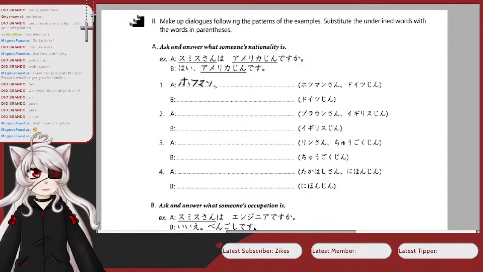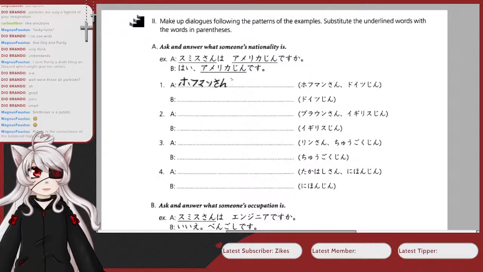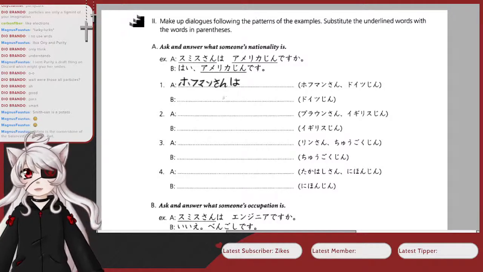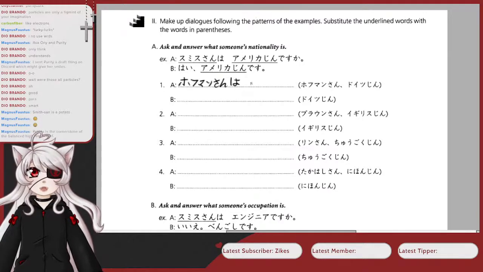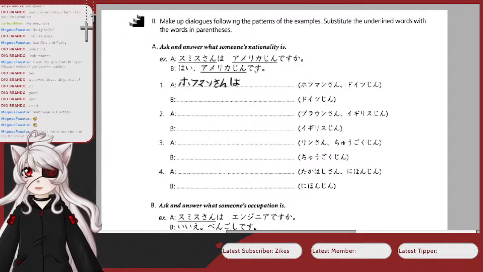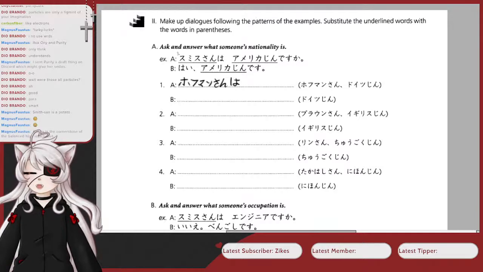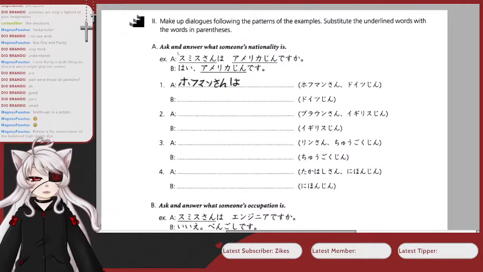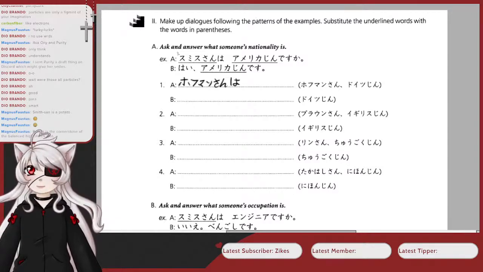Hoffman-san wa. You gotta denote that Hoffman is the subject of this question. Potato is the cornerstone of the balanced high starch diet. I mean, I love potato. I love potato, but I feel like calling someone a potato is not... It's normally taken as a rude thing.